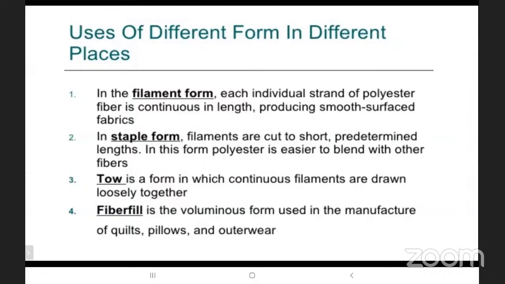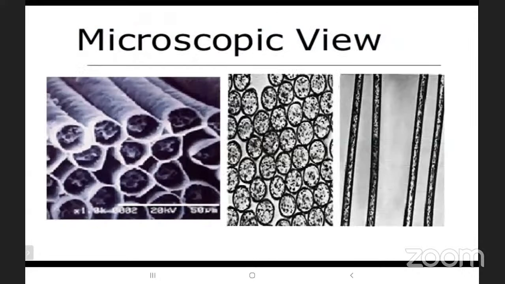And tow is a form in which continuous filaments are drawn loosely together. And fiber fill is a voluminous form used in the manufacture of quilts, pillows, and outerwear. So this is a microscopic view of the polyester.